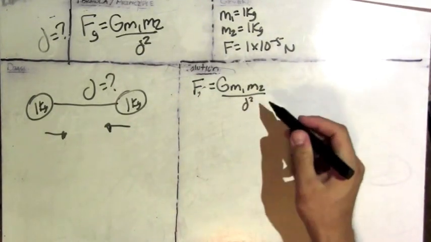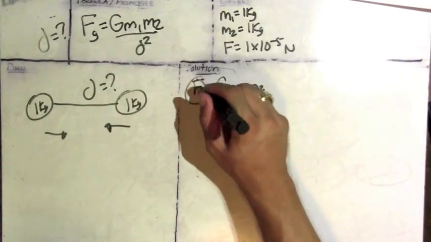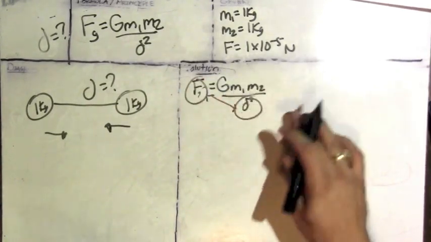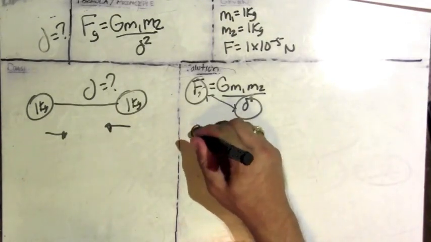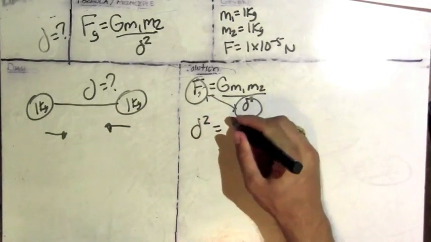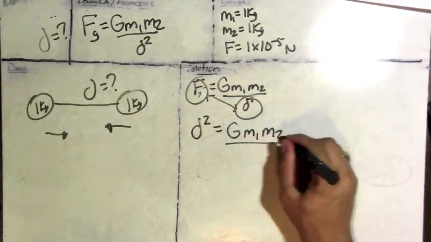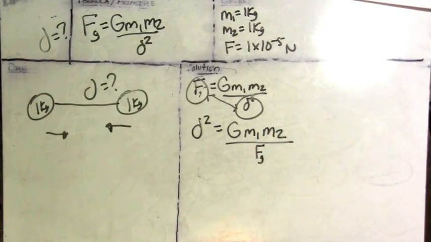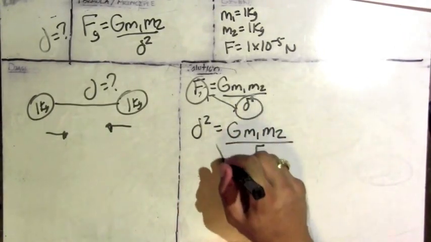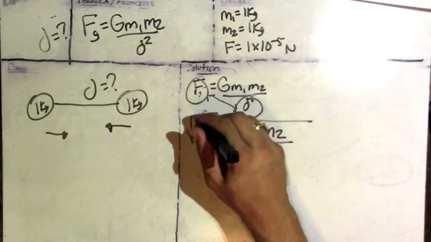So I'm going to rearrange and solve for D. I'm going to switch this term and this term: multiply both sides by D squared, and divide both sides by Fg. When you do that, you get D squared equals G M1 M2 over Fg. Now, to figure out what this is, I would take the square root of both sides, and that would give me my D value.